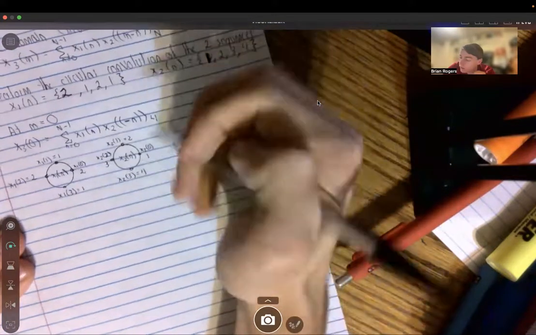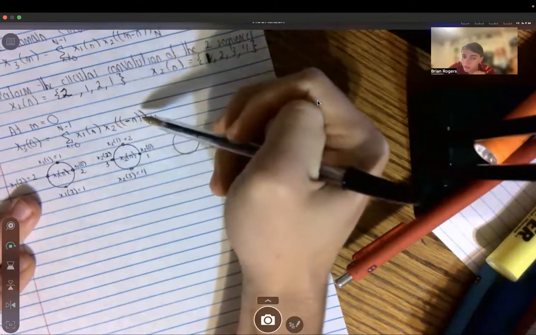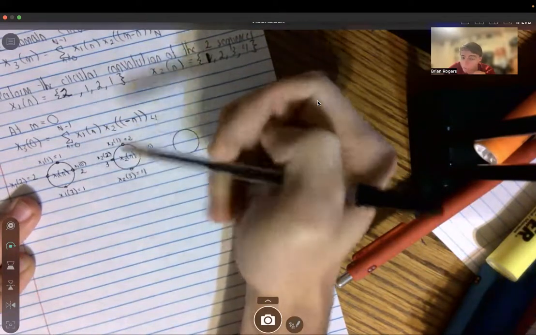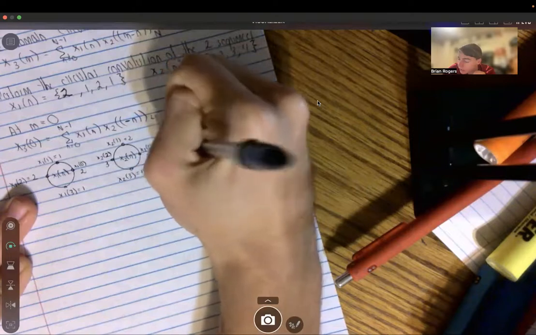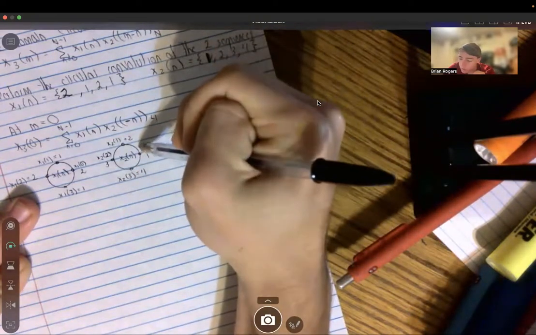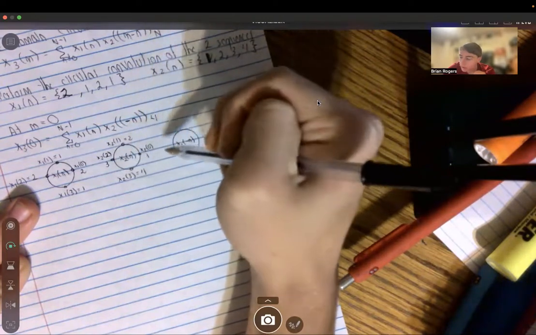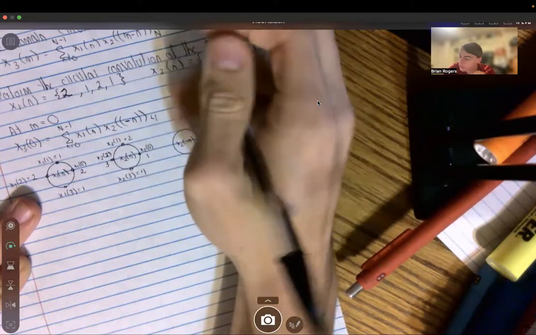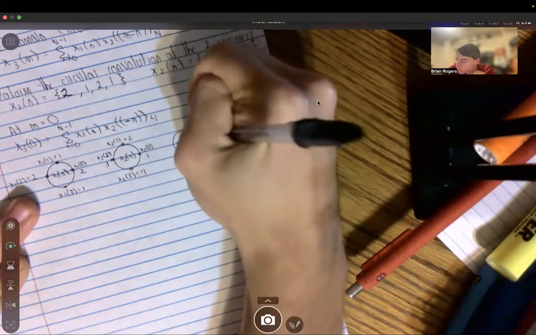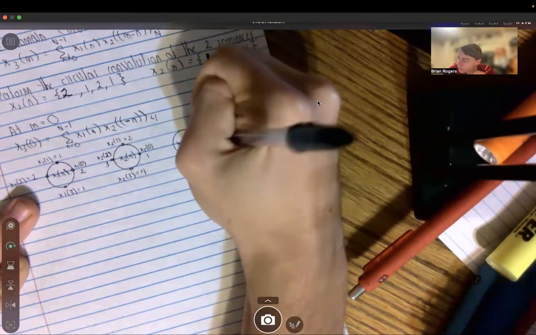Now, in our circular convolution, it's x1 of n multiplied by x2 of negative n. We have x2 of n, but we need x2 of negative n. What you're going to notice for x2 of negative n is, notice how we're going originally counterclockwise. We're going to now just draw it going clockwise. So we're going to do the opposite direction. That's what that minus sign is telling us. So we're going to get x2 of 0 is going to equal 1.